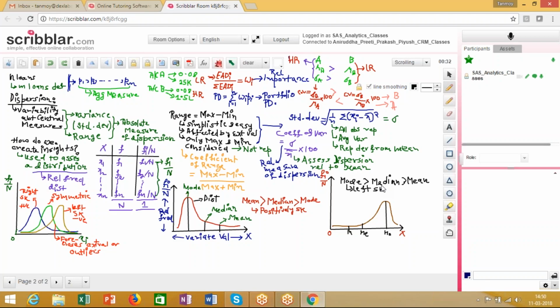So this distribution is less skewed because there are a couple of these lower end values creating the entire problem.